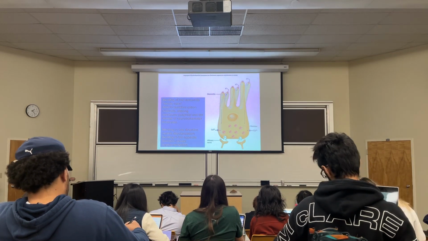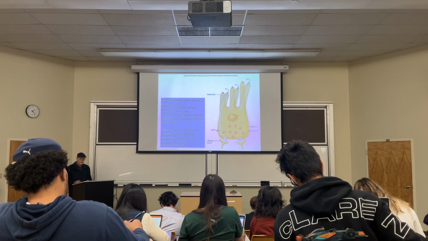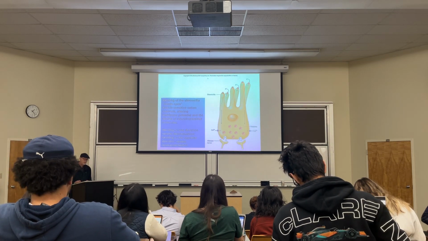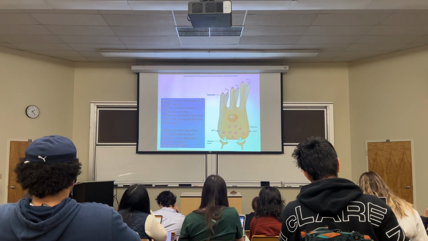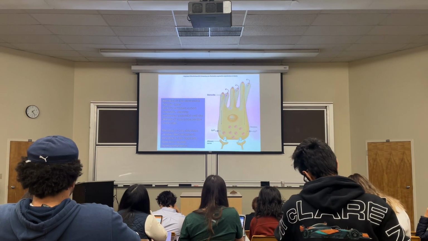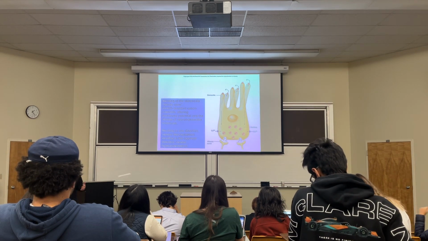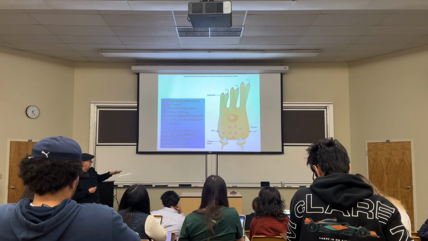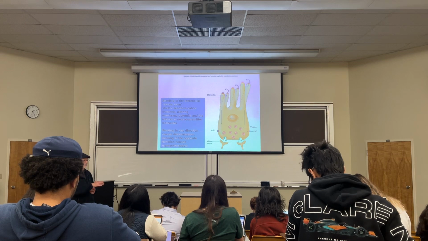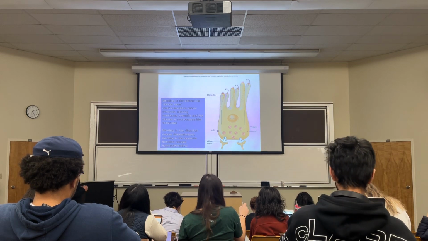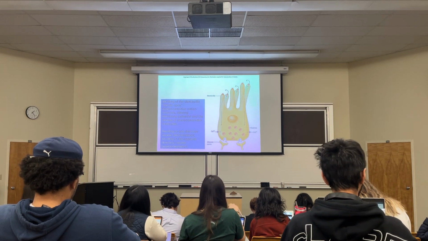If the movement caused the stereocilia to move in the opposite direction of the kinocilium, you would close more of these potassium gates, you would get a relative hyperpolarization, you would have less calcium coming in, and you would release less glutamate, and you'd have fewer action potentials in cranial nerve 8.